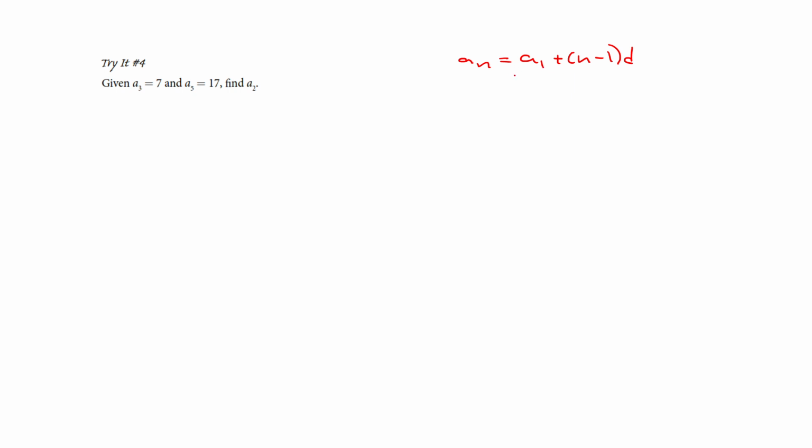However, we can get it down to 2 series. So let's do this. A3 is going to be A1 plus 3 minus 1 times D. So A3 is going to be A1 plus 2D. Do you agree with that? Now we have A3, so we've got 7 equals A1 plus 2D. Now let's do it again for A5.